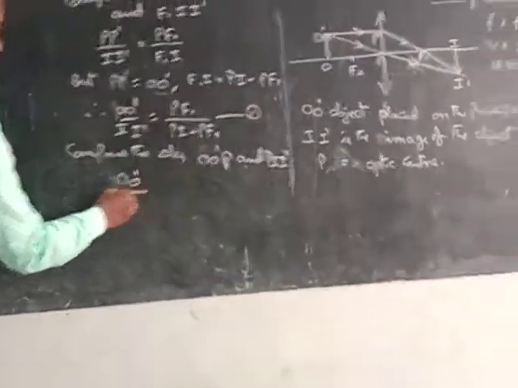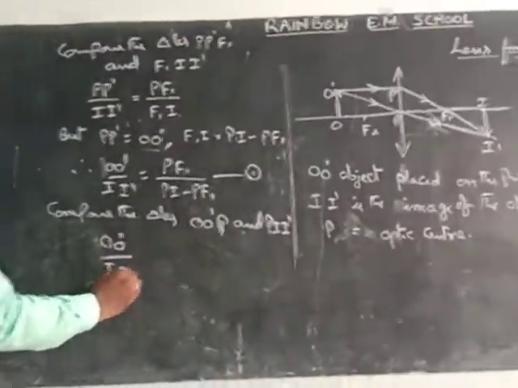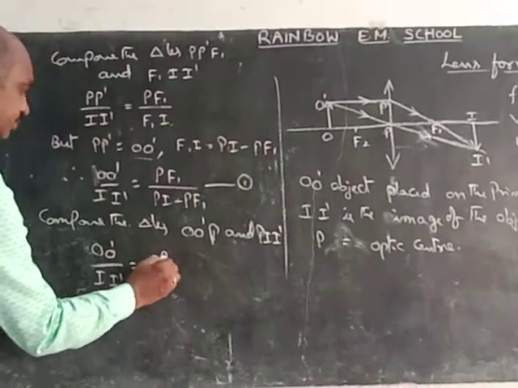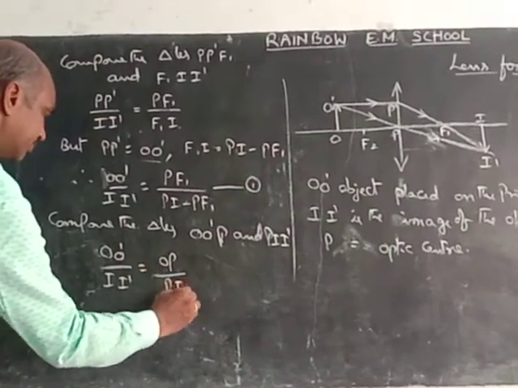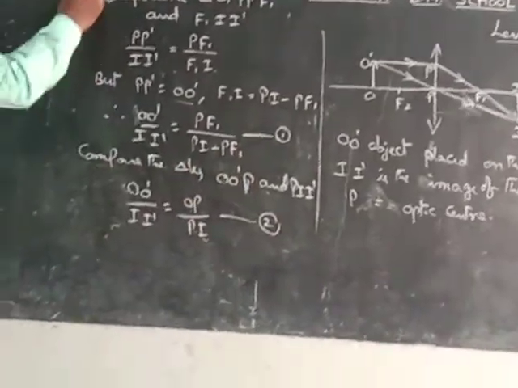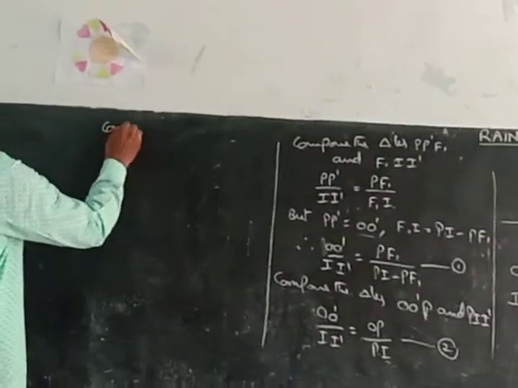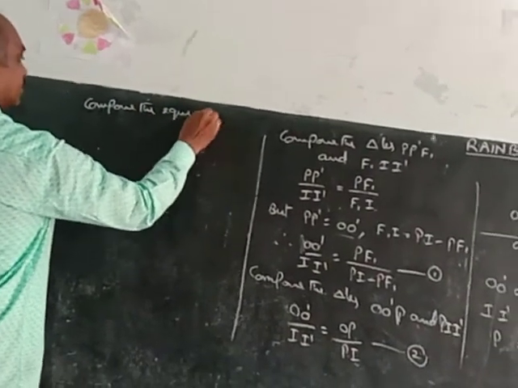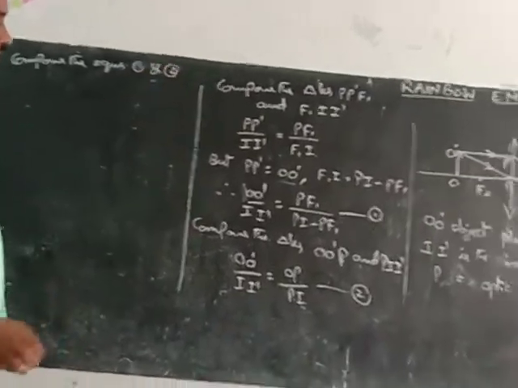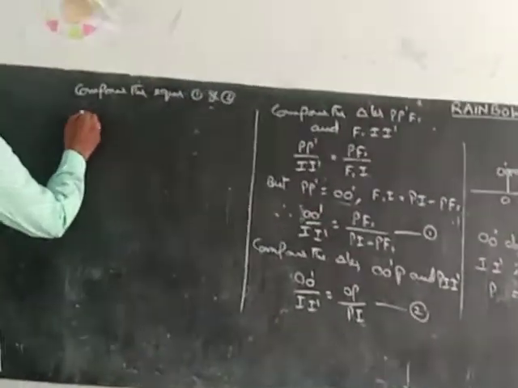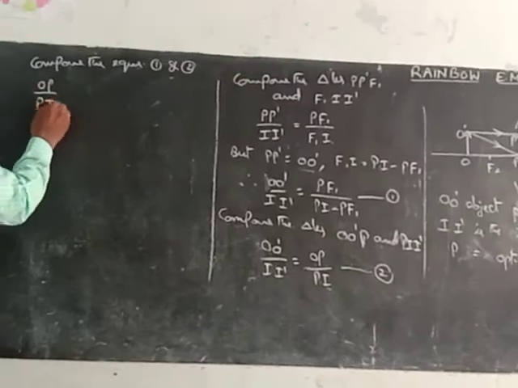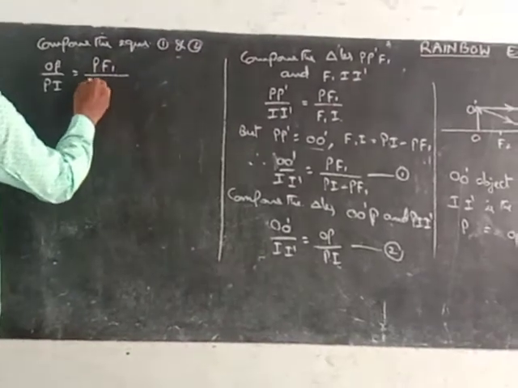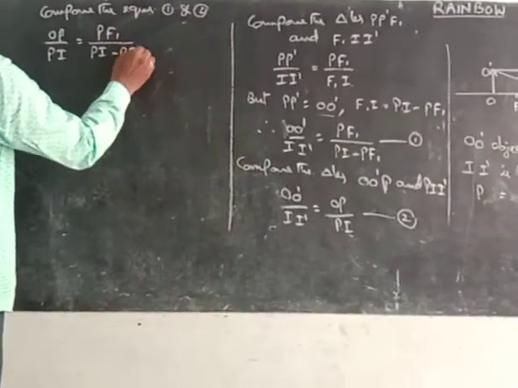OO dash by II dash is equal to OP by PI. This is equation 2. Compare equations 1 and 2. OP by PI is equal to PF1 by PI minus PF1.